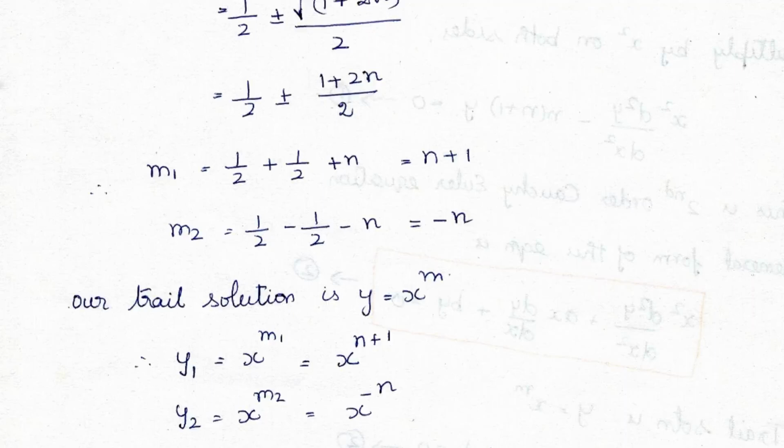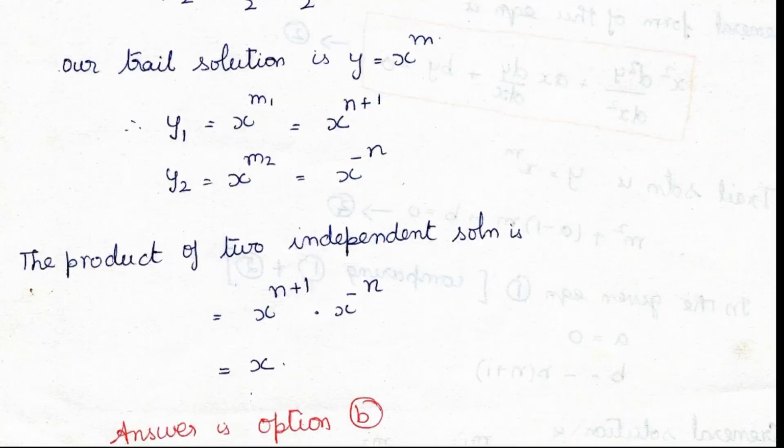So first we have assumed that the trial solution for this is y = x^m. Therefore, y1 = x^m1, that is x^(n+1), and the second root gives y2 = x^m2, that is x^(−n), that is 1/x^n.